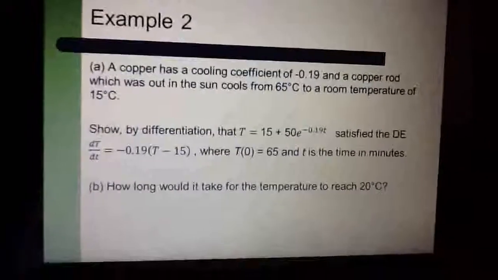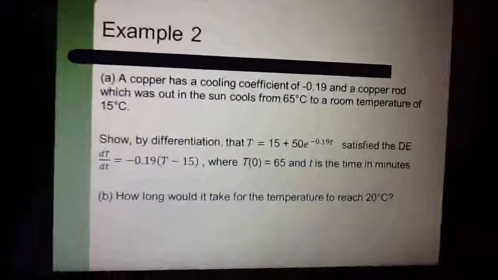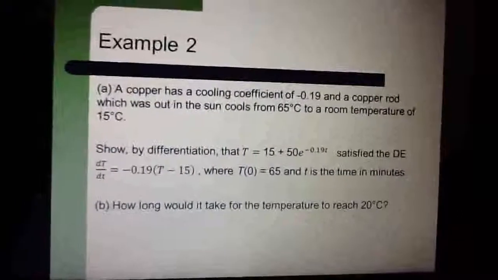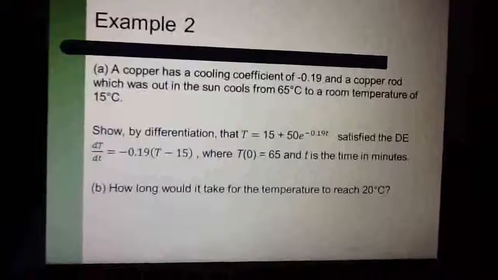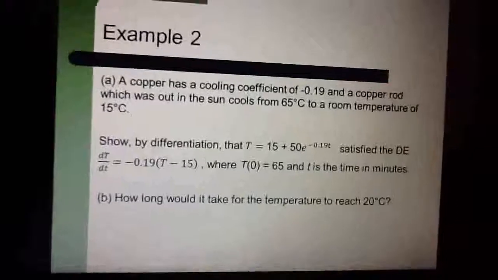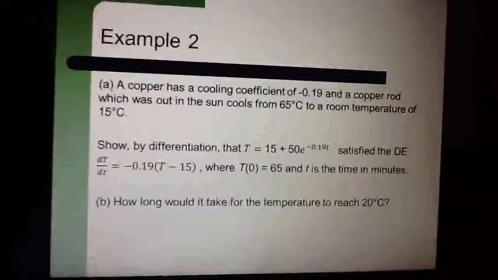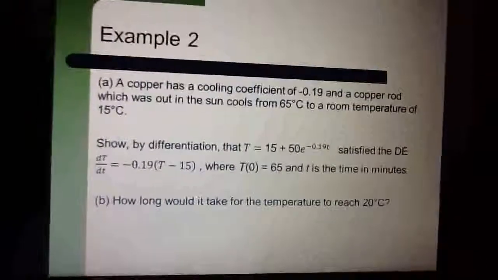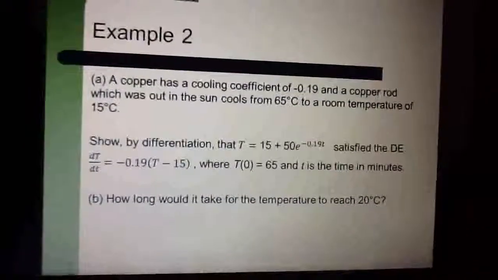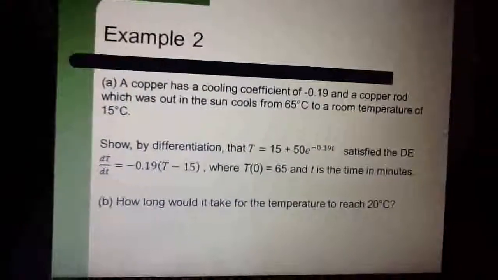Show by differentiation that T, the temperature, equals 15 plus 50 e to the power of negative 0.19 t satisfies the differential equation dT/dt equals negative 0.19 times (T minus 15), T(0) equals 65 and t is the time in minutes. Part B. How long would it take for the temperature to reach 20 degrees Celsius?